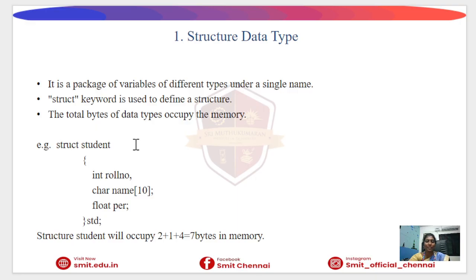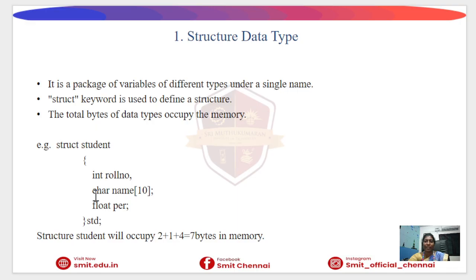The example is struct student. Student is a single name, under which we have int roll number, char name, that is the student name, and float per, the percentage.